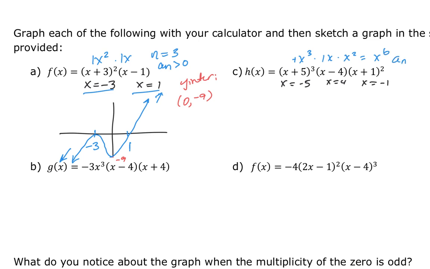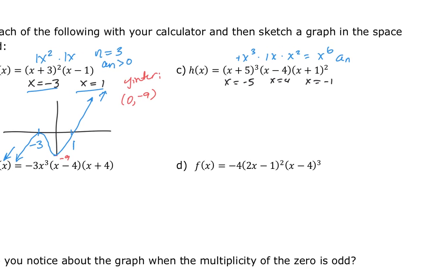And my a sub n is greater than 0 and n is 6. So I know that I have up in this direction and up in this direction. I know something's happening at -5, something's happening at -1, and something's happening at 4.